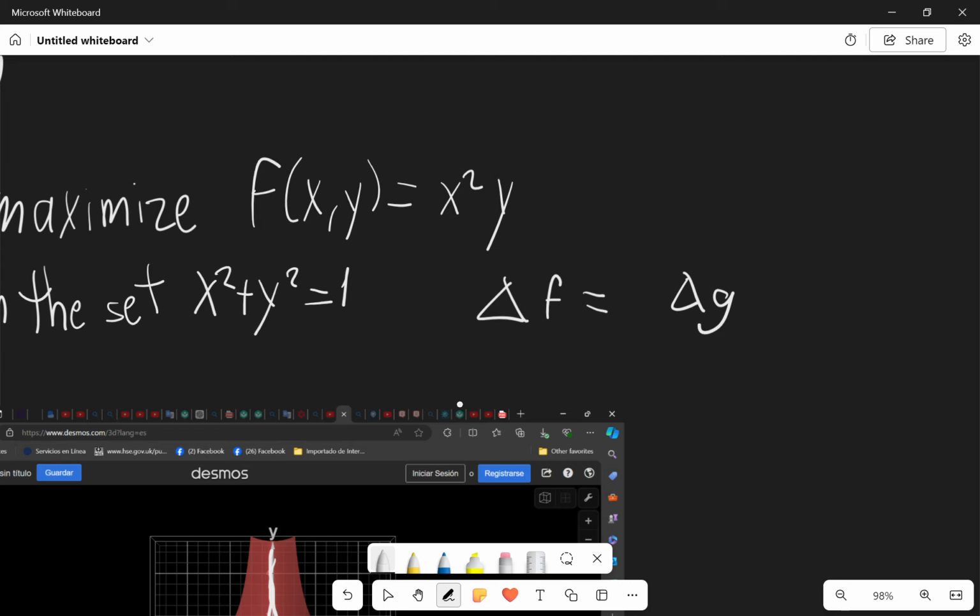So here we introduce the idea of a Lagrange multiplier, represented with the Greek letter lambda, and that's basically the idea of how we can maximize this point.